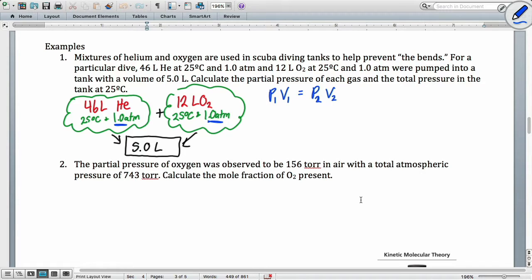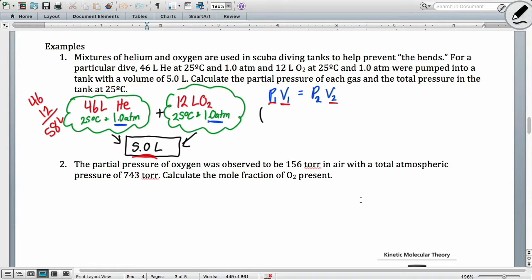So that's going to be our P1. The original volume of them was the total volume, or 46 plus 12, which gives me 58 liters. So that is our initial volume. And then we know our volume ends up being 5 liters. So we can use that to figure out the pressure.